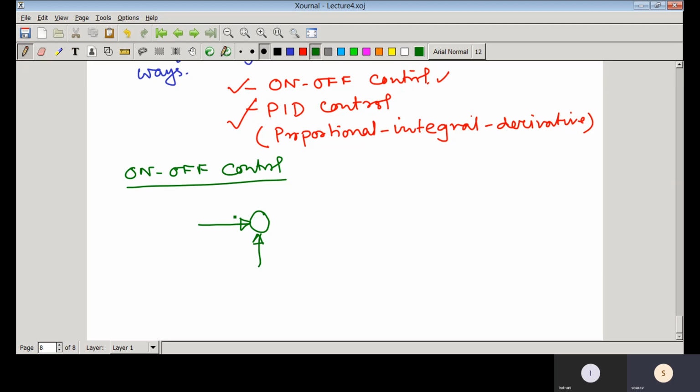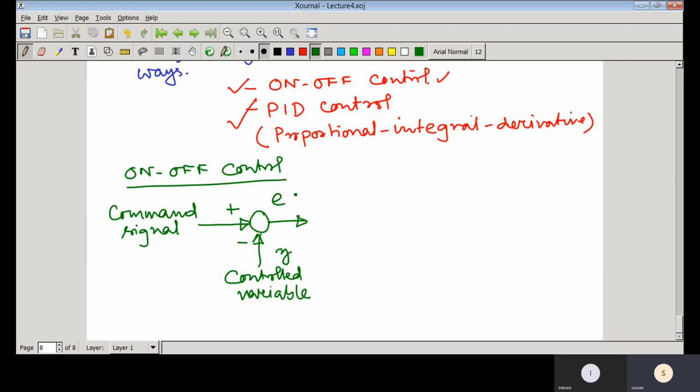Here we have the command signal, and here we have the controlled variable Y, and we are using negative feedback. So here you have E, the error signal.